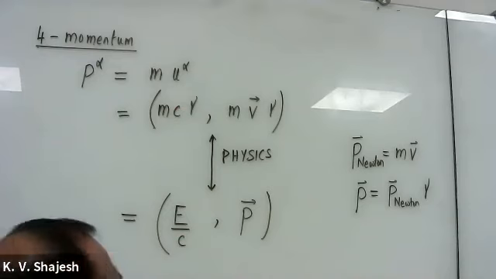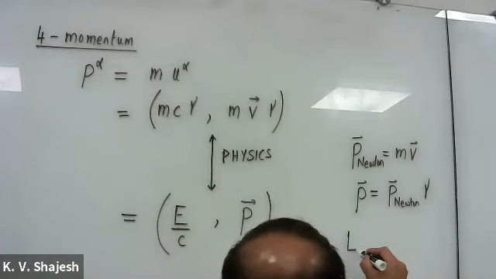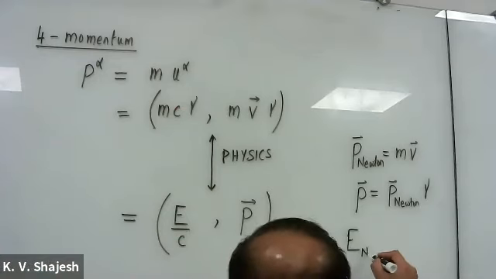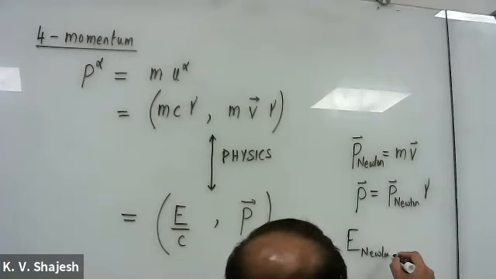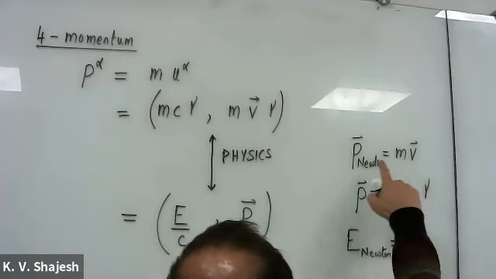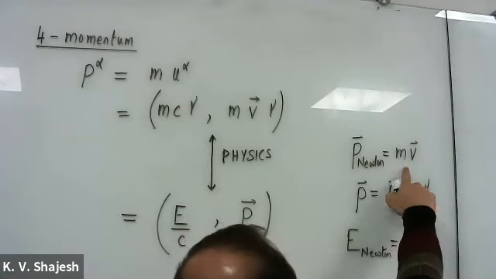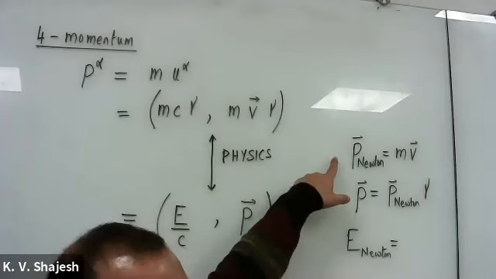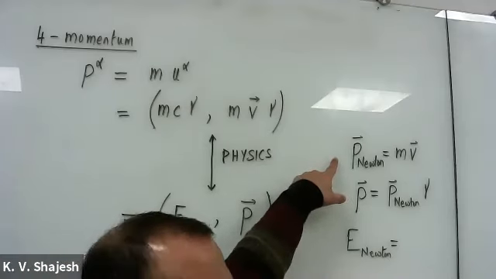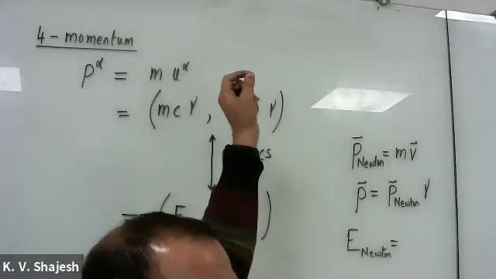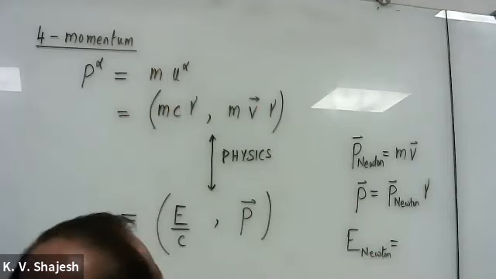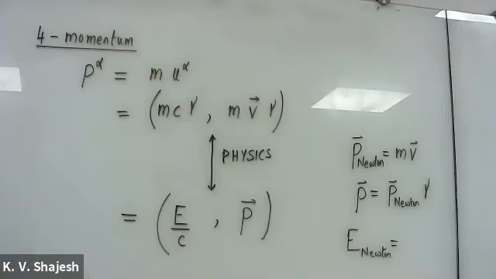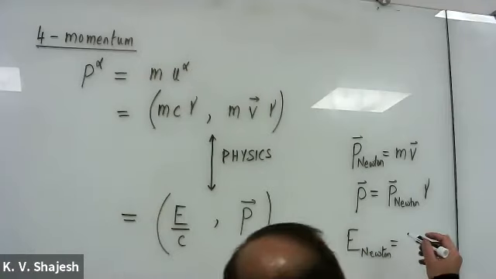What is Newtonian energy, by the way? If momentum is mv, what is the energy? There's no interactions in here, so the only energy there is kinetic energy, right? We're just talking about one particle here. It's not interacting yet, it's just kinematics. So it's half mv squared.